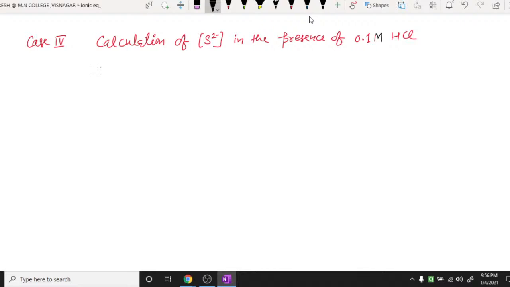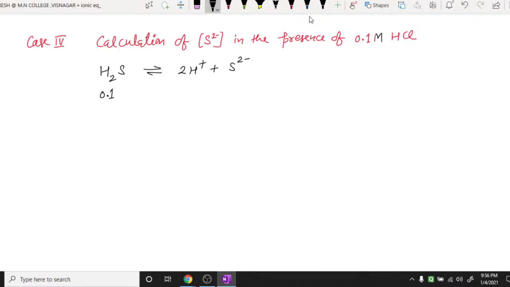So now again we have H2S to give 2H plus plus S2 negative. It was the case. Okay. So now it is 0.1 molar. Okay.